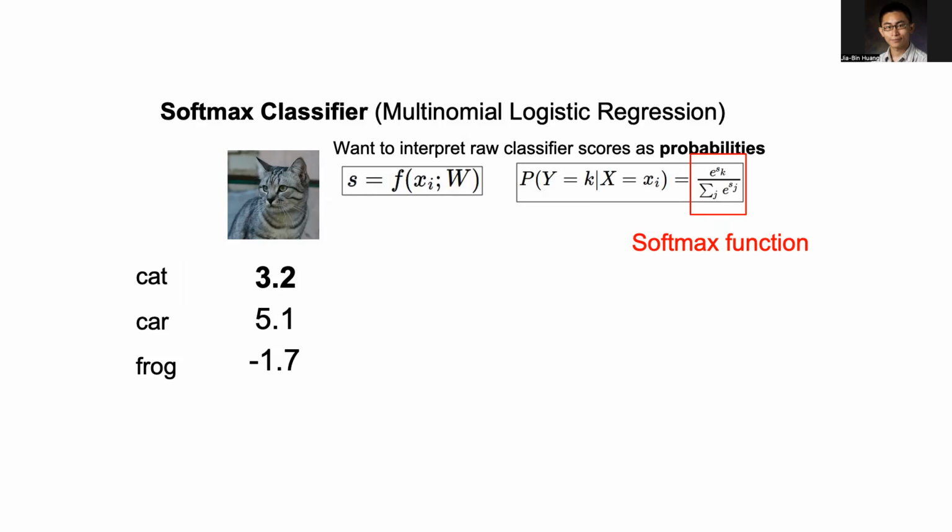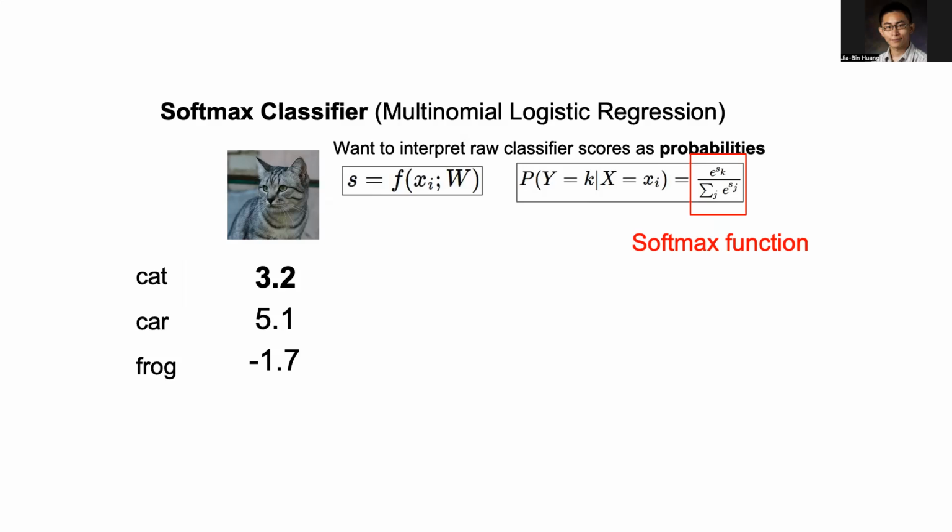So you need to first make sure that every element is positive. You basically think about a function that can take arbitrary input, arbitrarily negative or arbitrarily positive, and get something that's only positive.